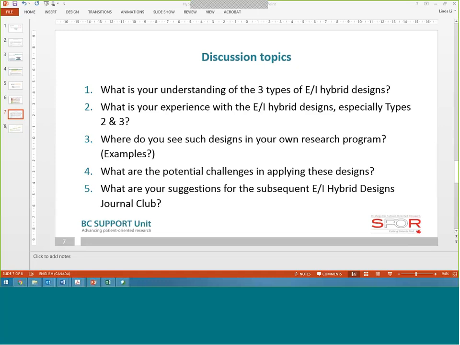I don't have a lot of experience with these designs either, but one of the things that's striking to me is the terminology we're using, particularly around the stepped wedge issue. They've called these hybrid designs, but it seems to me that the hybridness is less about the actual study design and more about the primary study outcome and how that integrates.